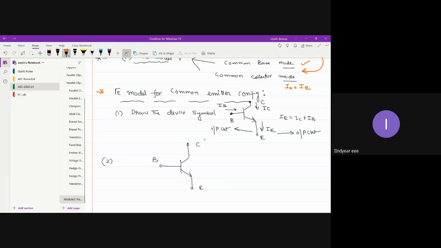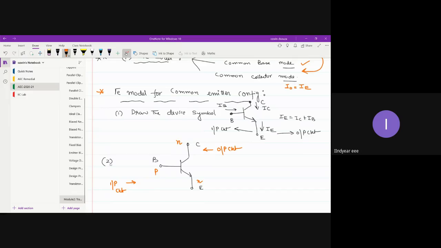After rewriting the device symbol, you mark the layers: N layer, P layer, and the second N layer. So it is an NPN transistor, right? Now, let us look at the input circuit, and let us also look at the output circuit.